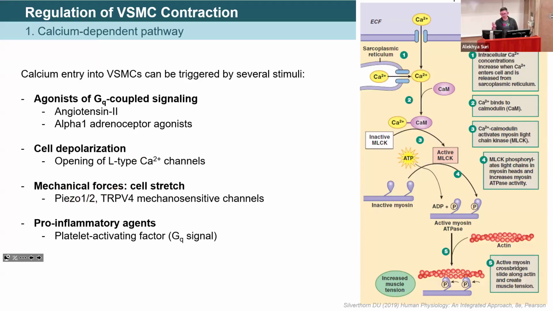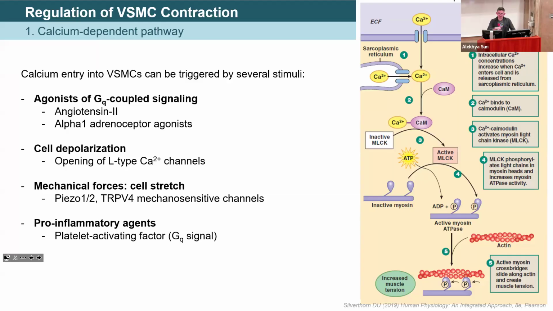You don't need to remember the specific detail of each, but those are names and molecules that keep coming up for various reasons. And in certain cases, pro-inflammatory agents can also activate GQ-coupled receptors. So these are the general four ways to increase intracellular calcium or cytosolic calcium in these cells.